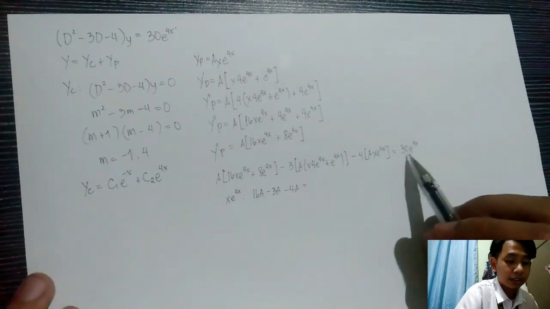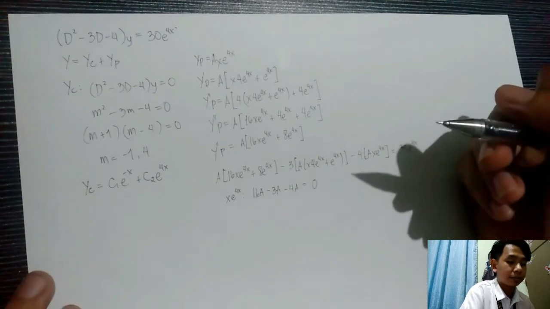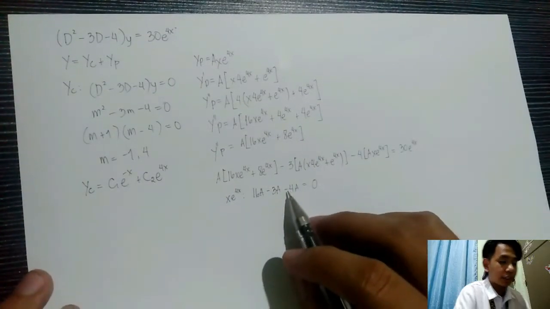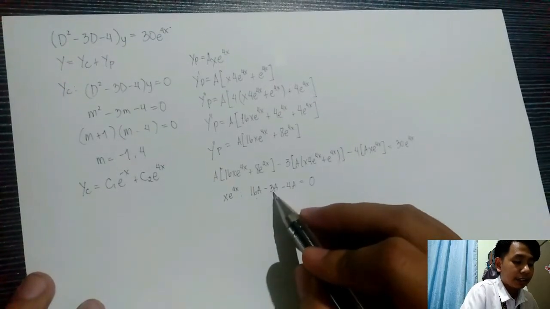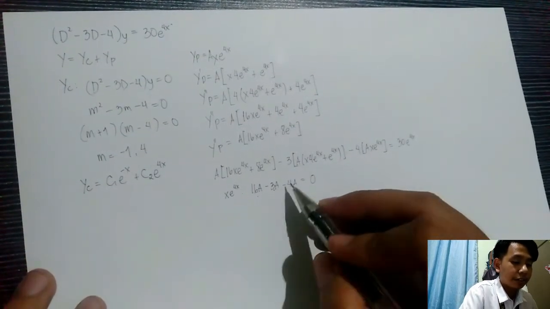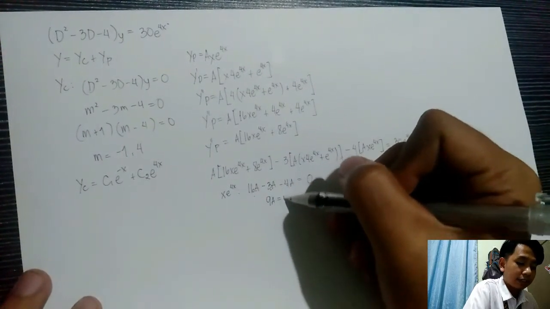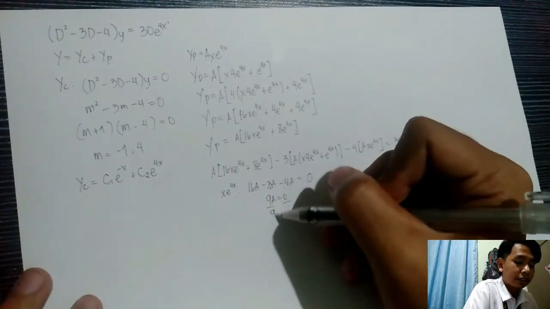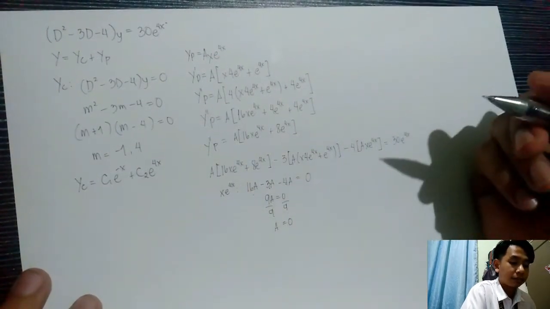It equals, since the right side has no x e raised to 4x, just 0. So here, we can simplify to get the value of a. 16 minus 3 is 13, minus 4 is 9a. So 0, divide both sides by 9. So our a is 0.